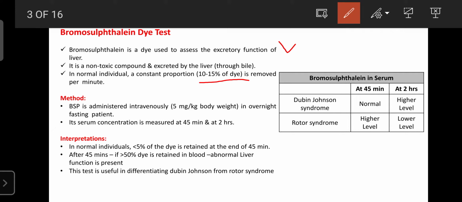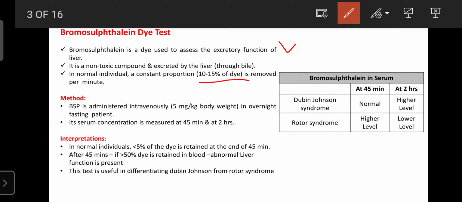If there is any biliary duct obstruction, hepatic cell toxicity, or damaged hepatic cells, the conjugation reaction does not occur, or the pickup of bromosulfathalein from the serum by liver cells decreases or diminishes.